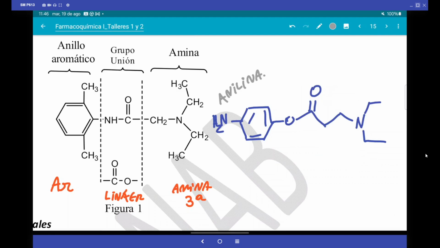The average lifetime, and when I say average lifetime, I mean the time it takes to degrade half of the drug in the body. This one has an ester, and this one has an amide.